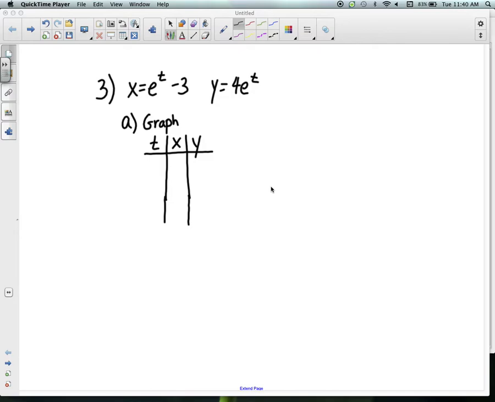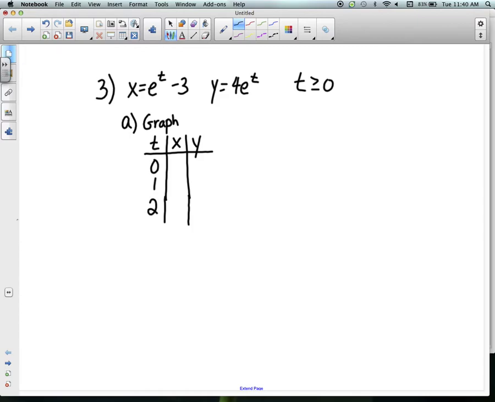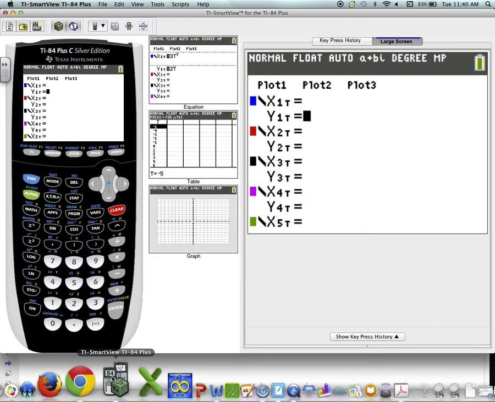So for graphing purposes, we're starting with t is greater than or equal to 0. Again, you should already have this example written. So I'm going to start with 0 for t, 1 and 2, but we're going to use the calculator to help us. So I'm going to switch screens over to the calculator.